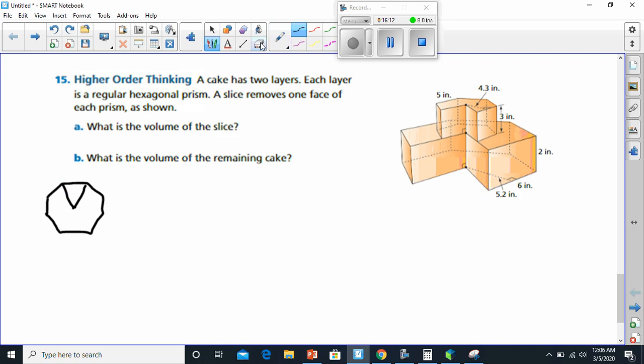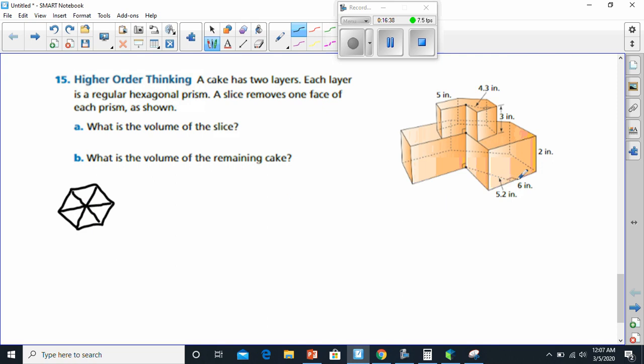I'm sorry, I made an octagon there. Let's try that again. A hexagon has 6 sides. There we go. And if I do that, then each one of these sides can go to the center and create its own triangle.